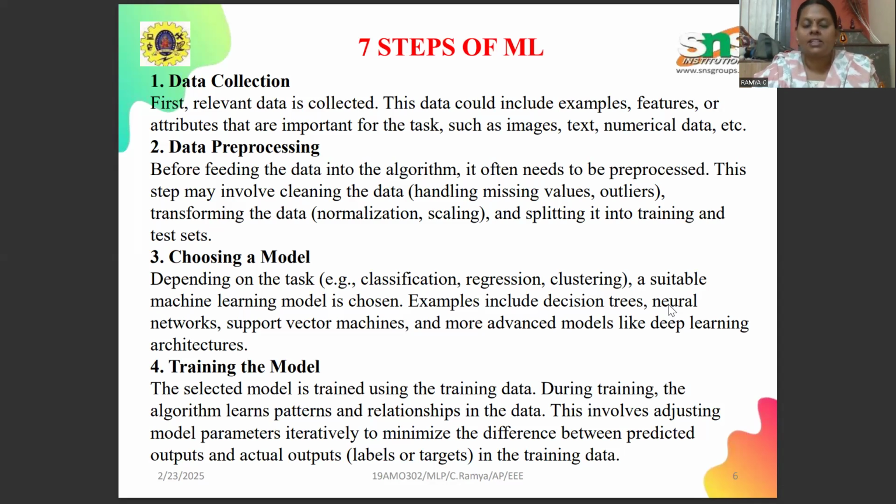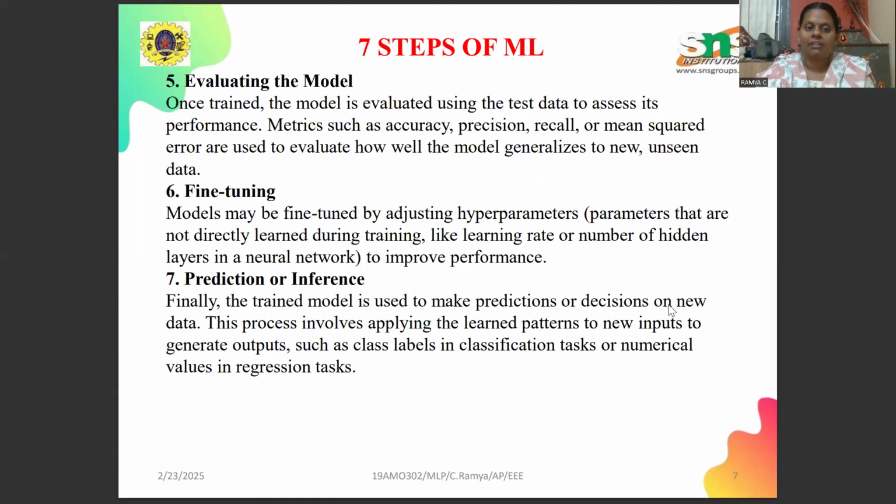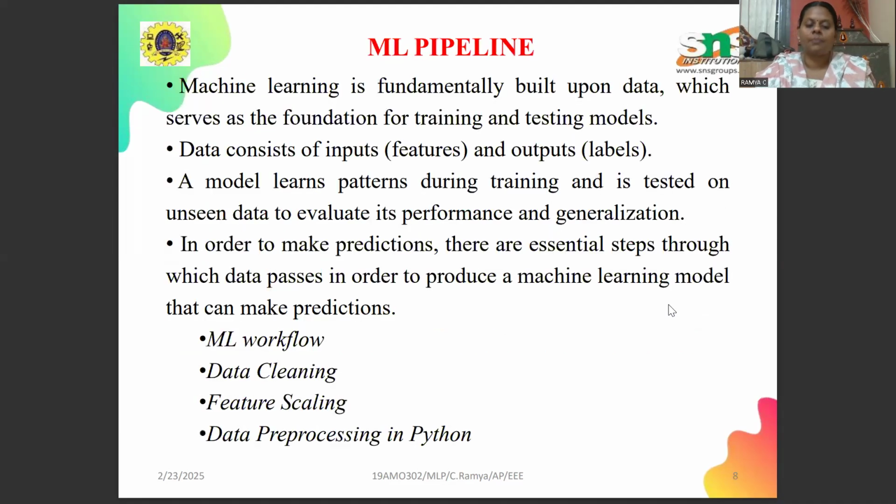Next, choose a model, depending on our task. Then train the model and test the model, that is, evaluate. Then if required, go for fine tuning, that is hyperparameter tuning. Finally, we have the predictions, that is the output we expect from the models.